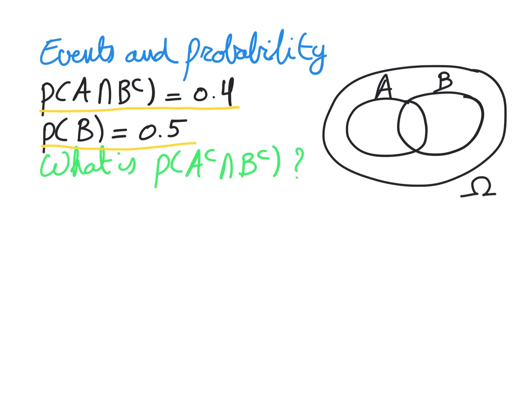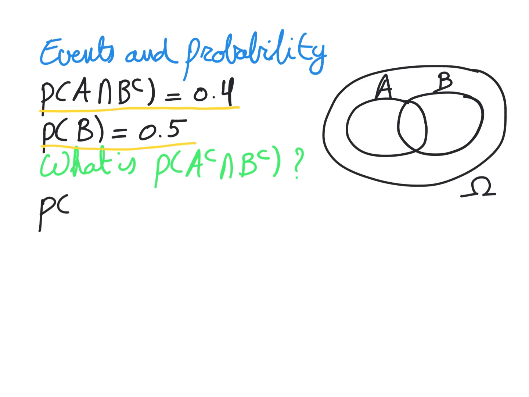The question is, what is the probability of the intersection of A complement and B complement? Here too, we can use De Morgan's laws. We already used one of them in the previous example. Let's use one more for this one.